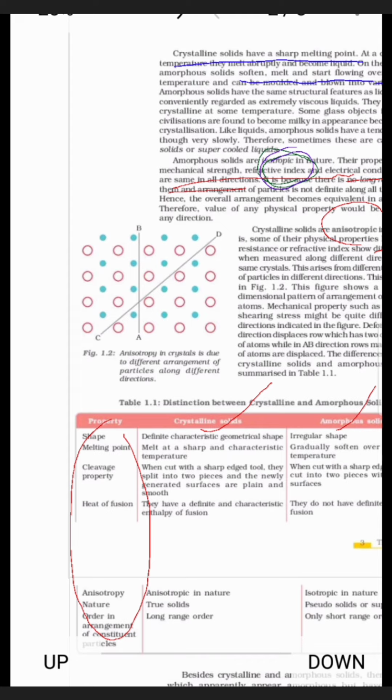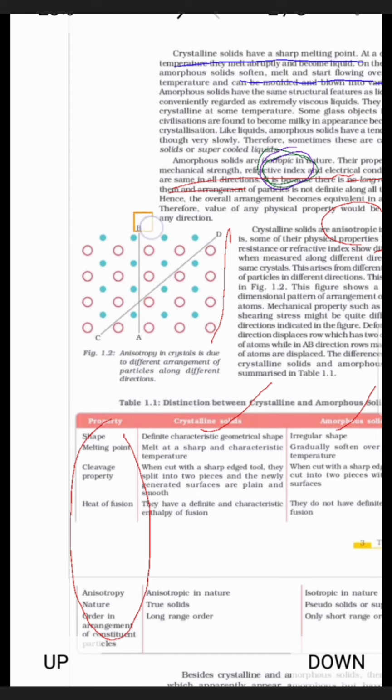Okay. So anisotropy in a crystal is due to different arrangement of particles along different directions. If you look at this diagram, we can see that in this case only smaller particles are present, and here if you take this side, only larger particles.